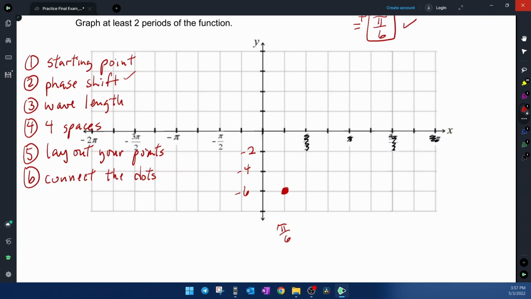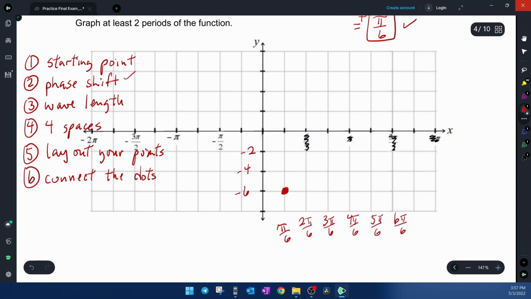Now before I go and do the wavelength, I need to label the rest of the hash marks based on my new unit of measure. So if one hash mark is pi over 6, the next one would be 2 pi over 6. And then if you just keep counting, 3 sixths, 4 sixths, 5 sixths, 6 sixths. And then to label those, we're going to reduce those fractions.